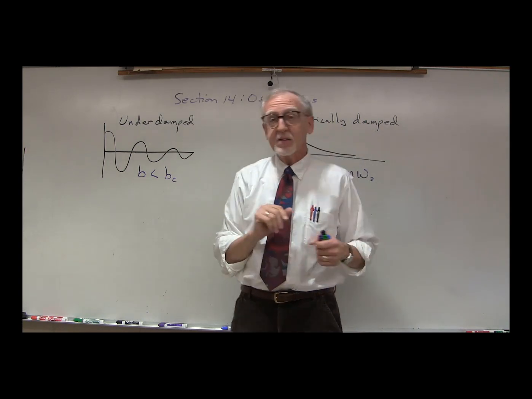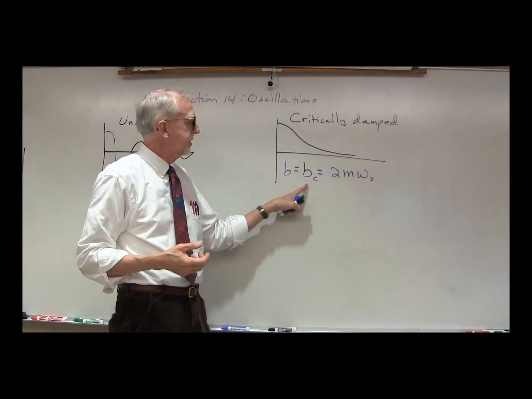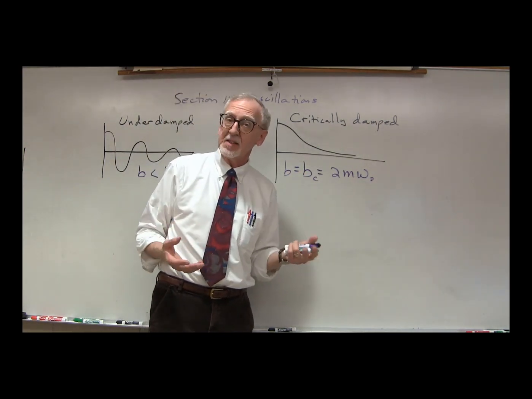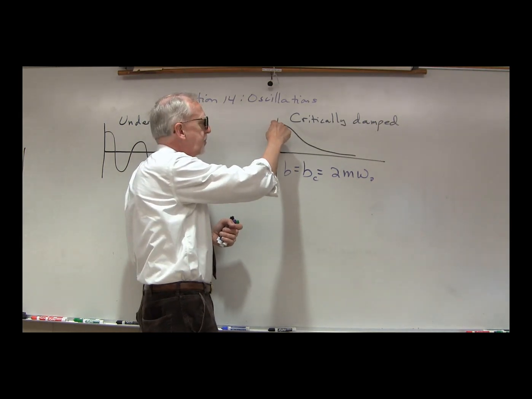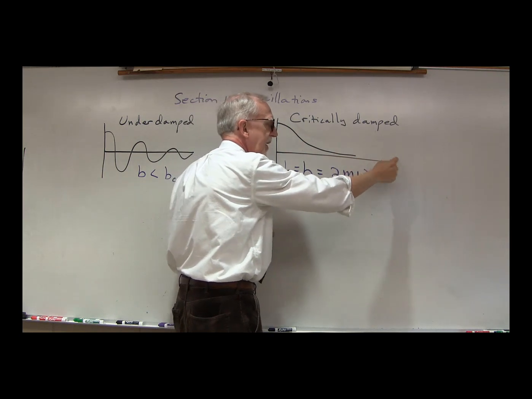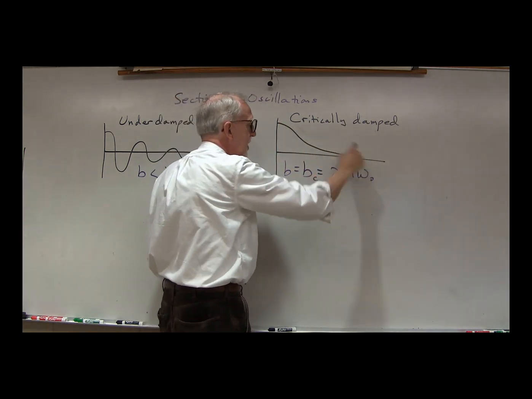When we have critical damping, in other words, when b is actually equal to this critical value, b sub c, 2m omega naught, we no longer have oscillations. In other words, we started at some maximum initial amplitude, and it never passes equilibrium and oscillates back and forth. It just goes to equilibrium like this.